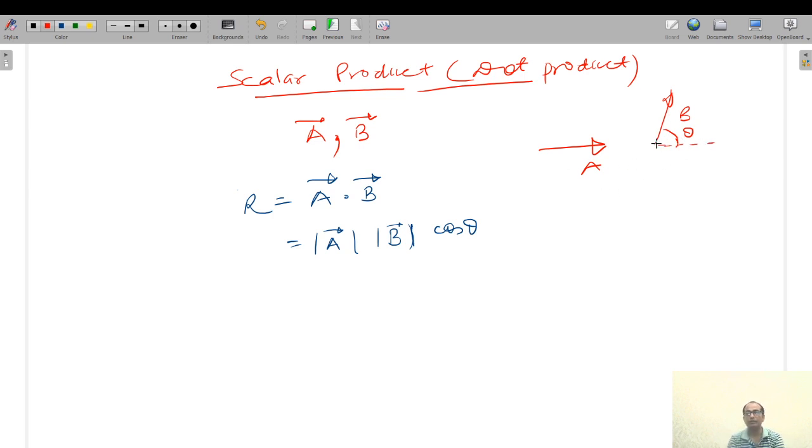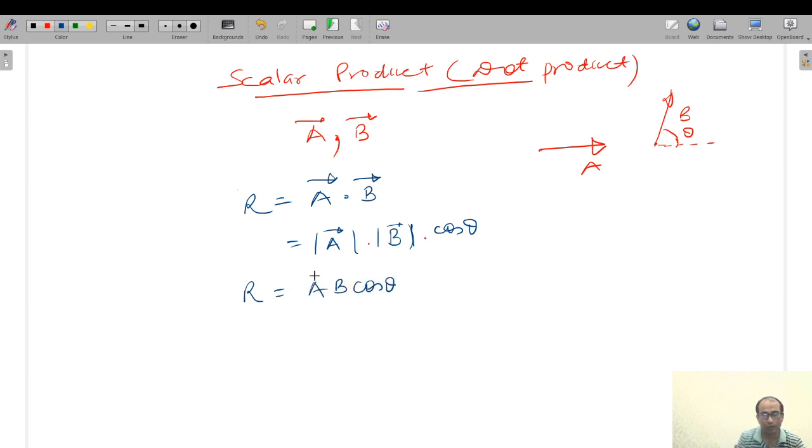Then what, जो R है आपका स्केलर प्रोडक्ट वो ऐसे डिफाइन होता है, that is modulus of A, magnitude of A, magnitude of B, and the cosine of the angle between these two vectors. So see, since all these three components are scalars, they are all numbers, therefore this R what we get, इसको हम ऐसे भी लिख सकते हैं डायरेक्ट A B cos θ.